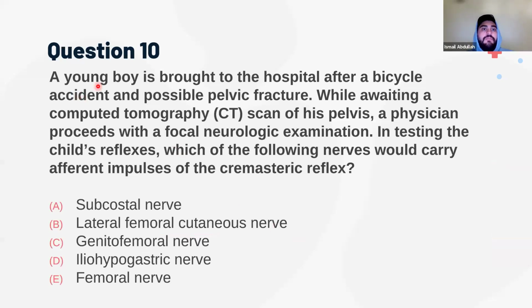Okay, so moving on. A young boy is brought to the hospital after a bicycle accident and possible pelvic fracture. While awaiting a CT scan for the pelvis, the physician proceeds with a focal neurological examination, testing the child's reflexes. Which of the following nerves would carry afferent impulses of the cremasteric reflex?